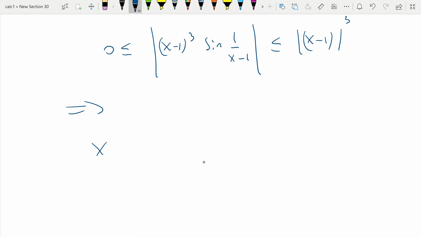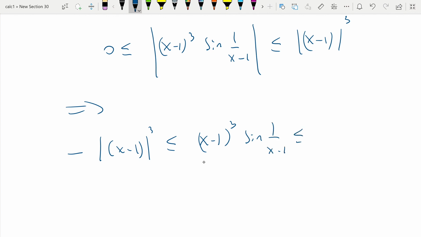What this means is that minus the absolute value of (x minus 1) cube, and you can bring the cube outside of the absolute value, is less than or equal to (x minus 1) cubed times sine of 1 over x minus 1, which is in turn less than or equal to the absolute value of (x minus 1) cube.